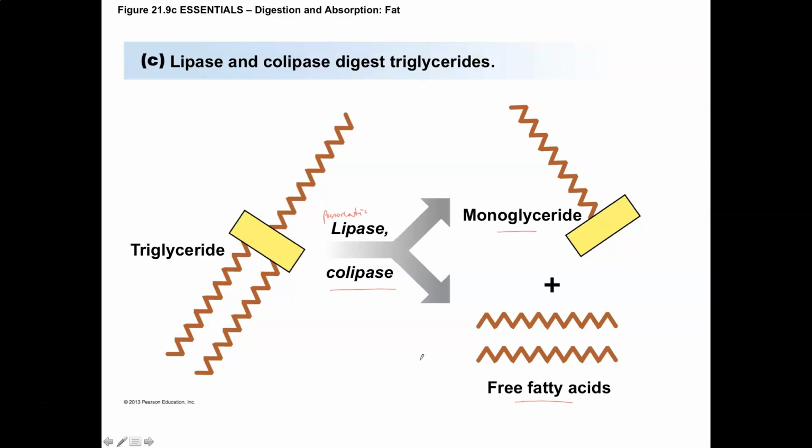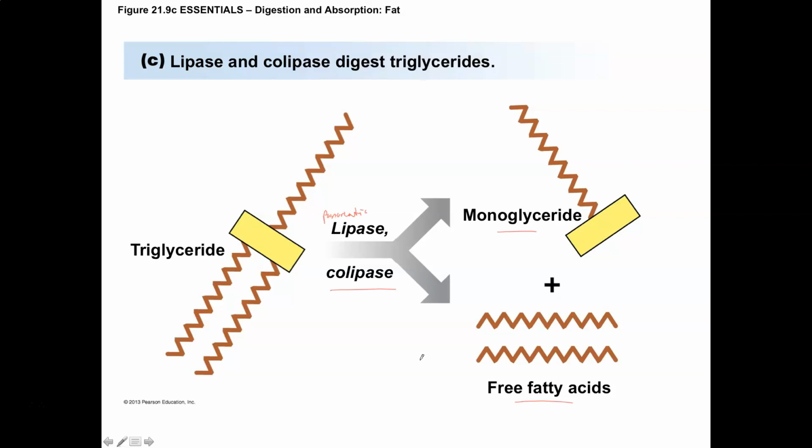We also have other enzymes, because I did mention there are other types of lipids. So we have prophospholipase. Prophospholipase is activated by trypsin to form phospholipase, and this is the enzyme that is used to digest phospholipids. You have cholesterol esterase, which also comes from the pancreas to help free up cholesterol molecules.